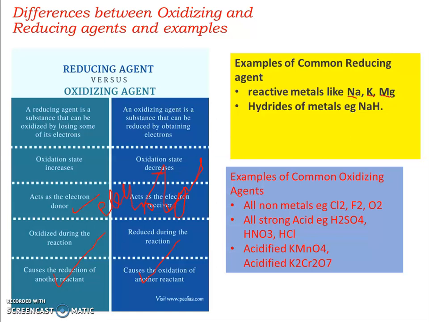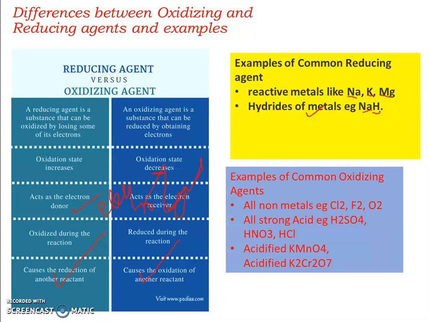That means that anywhere you find them in a chemical reaction, they are going to be oxidized, either by removing oxygen from other substances to become oxidized themselves by gaining oxygen, or by adding hydrogen. You can also have examples of reducing agents as hydrides of metals, metals that have hydrogen bonded to them, like your sodium hydride.